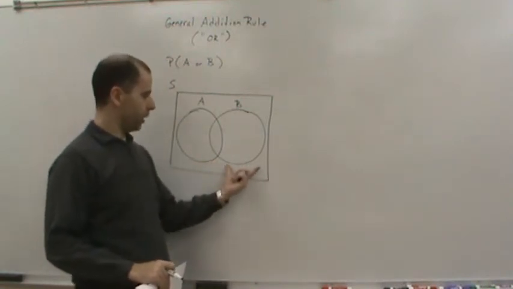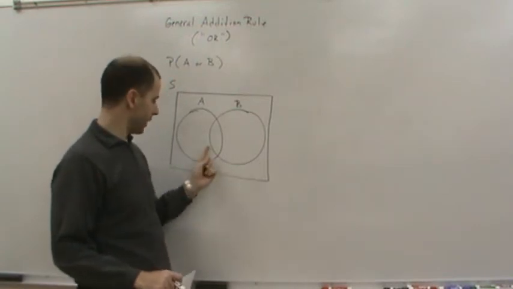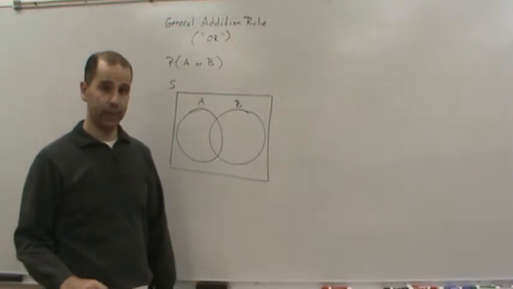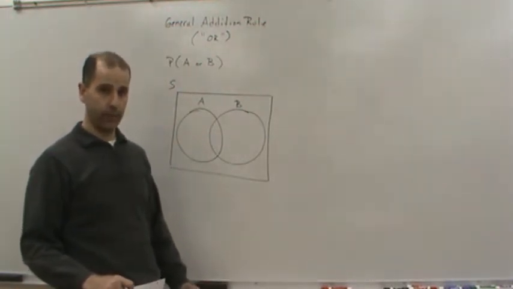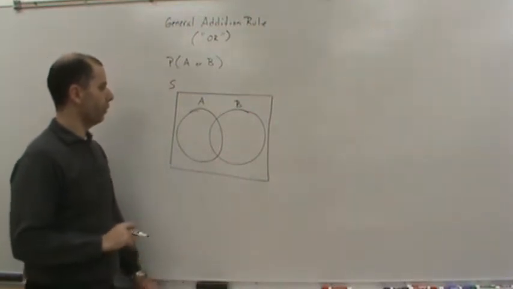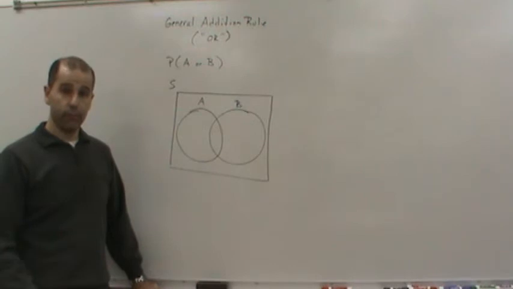Any outcome that happens in B, then we know that B has occurred. And anything that happens in this piece right here, we know both A and B have occurred. When we do OR, we're doing the union of both of those sets.